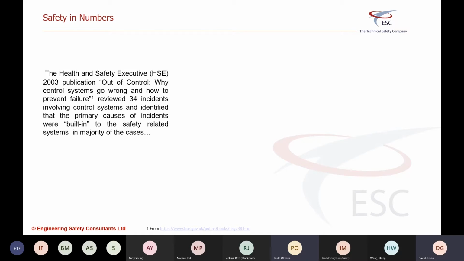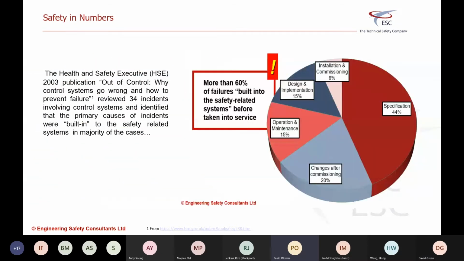Their findings shed a huge amount of light on where the problems actually appear or live. More than 60% of failures were already built into the safety-related systems before they were taken into service.